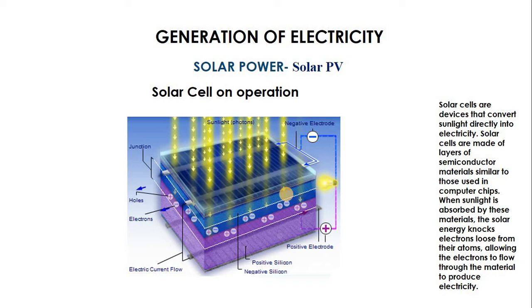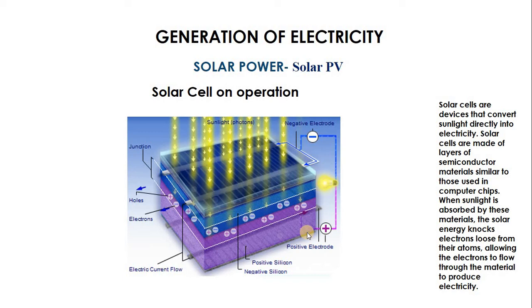If it's conducting, it means forward biased. So in this case, when the photons hit the electrons and they are dislodged from the electron hole pairs, they become free within the material. Once they become free, if there is any potential difference, the electrons will flow out from the semiconductor and then cause electric current. So this is basically how the solar cell works.